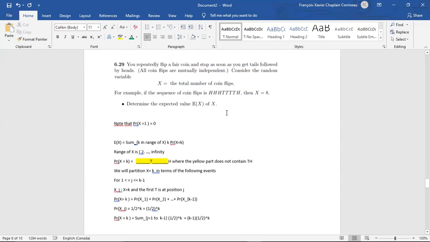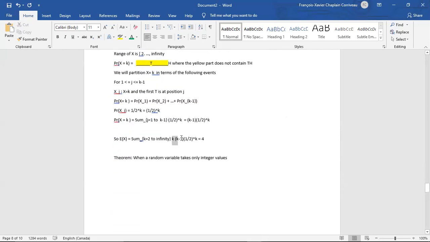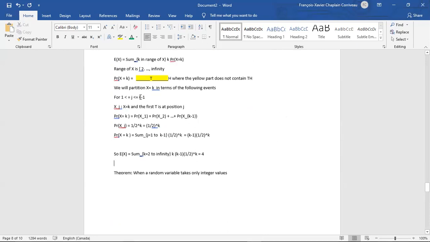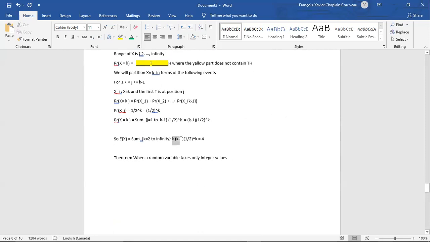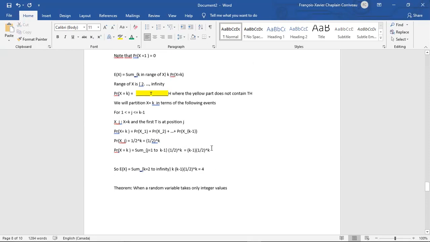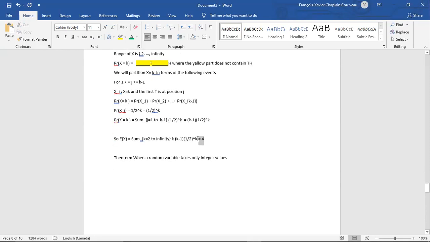So again, if you're not sure how to deal with k squared in this summation, you can think of this trick. This trick essentially brings this down to only having one factor of k. So anyway, the whole point of this is that this simplifies nicely. You might think, well, this is ugly, but actually it's not that ugly. It simplifies to 4.